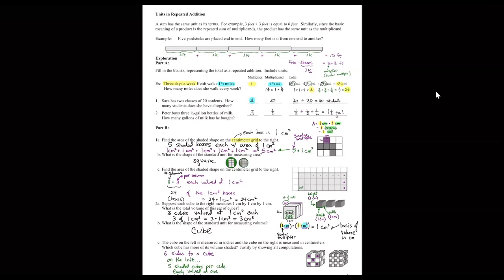All right, so on the right, we have 13 shaded cubes per side, each valued at 1 square centimeter.